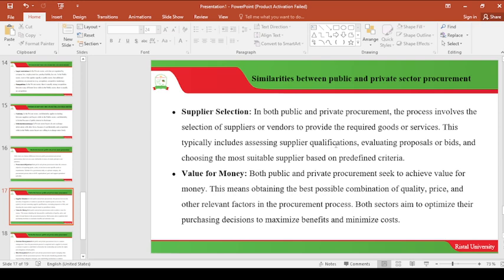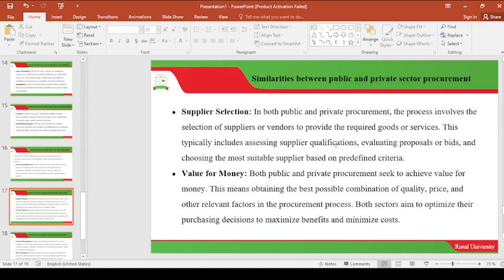So both of these entities, the private or the public sector, want to achieve some level of satisfaction from consuming some good after spending their money. This means obtaining the best possible combination of quality, price, and other relevant factors in the procurement process. Both sectors aim to optimize their purchasing decisions to maximize benefits and minimize costs.